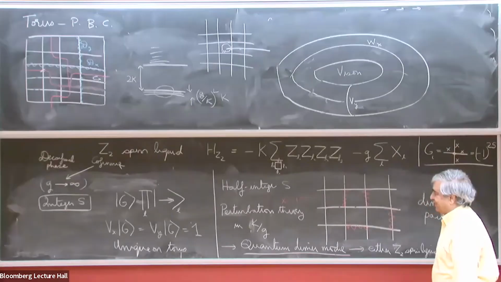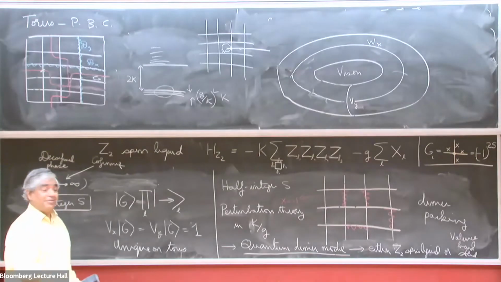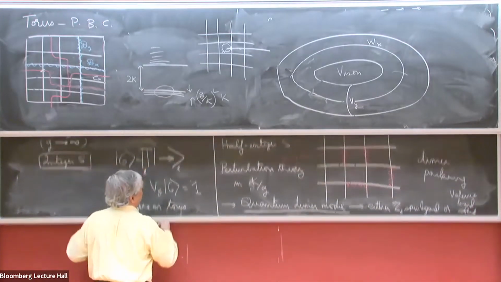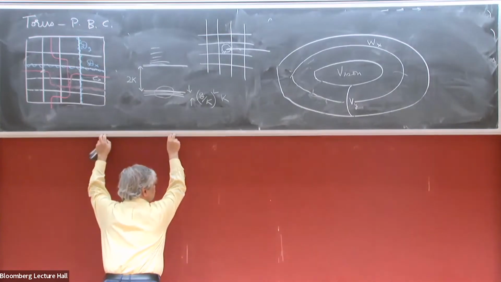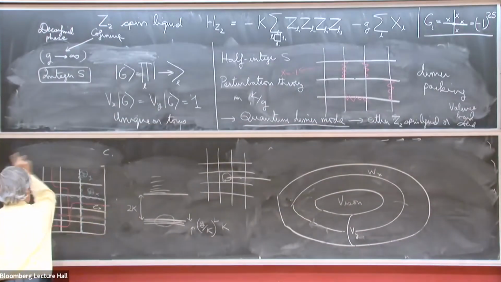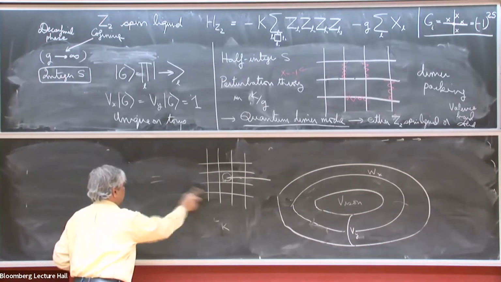Sorry, what exactly is this quantum dimer model? Okay, so I'll just say a few words, but I want to move on to other topics. So the quantum dimer model is a Hamiltonian that acts on the dimer Hilbert space.